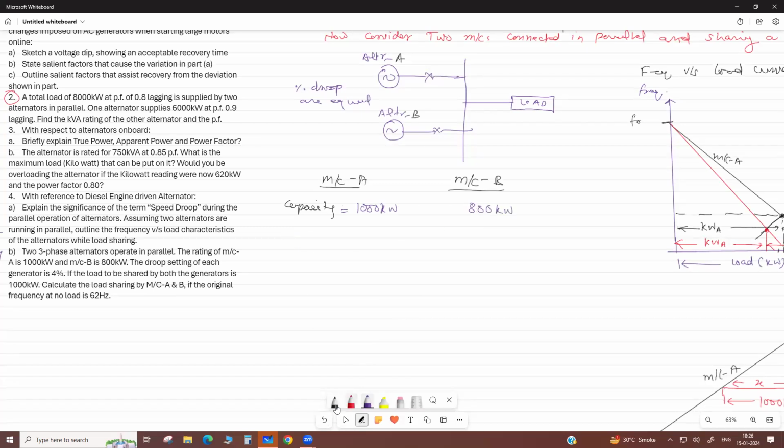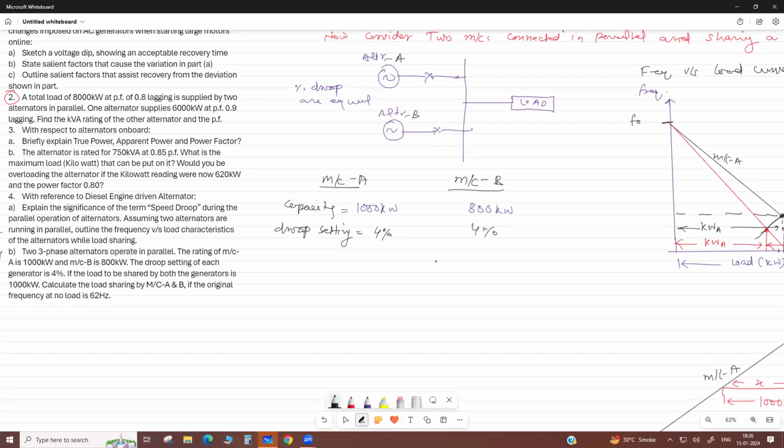Then he said the droop setting, or speed droop, for each machine is 4% droop, 4% here also.